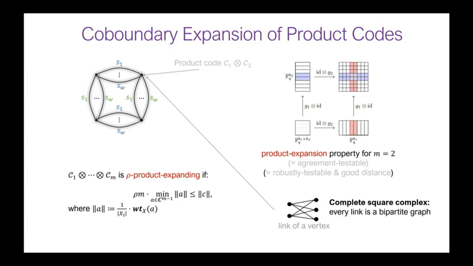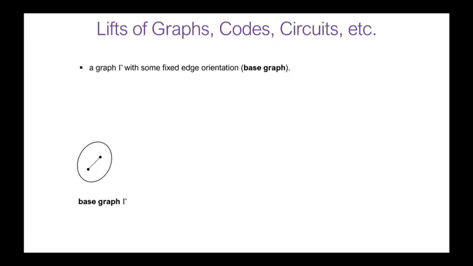And if we choose as these codes A and B just repetition codes, then we obtain exactly the co-boundary expansion of this bipartite graph. So it's a natural generalization of co-boundary expansion. Okay, I think I don't have more time. Maybe, okay, I will go on.